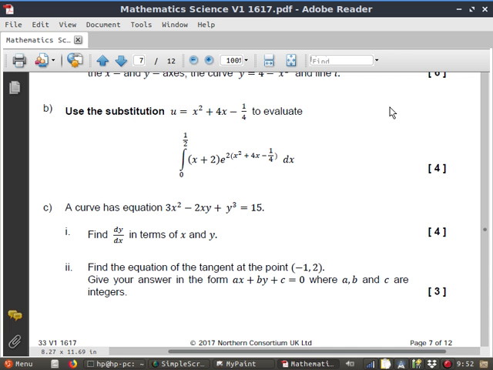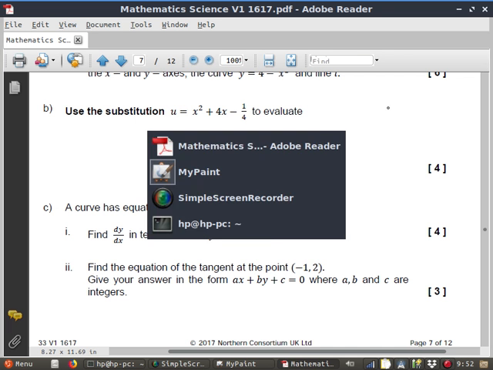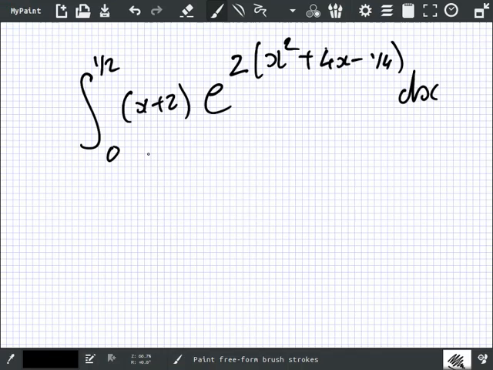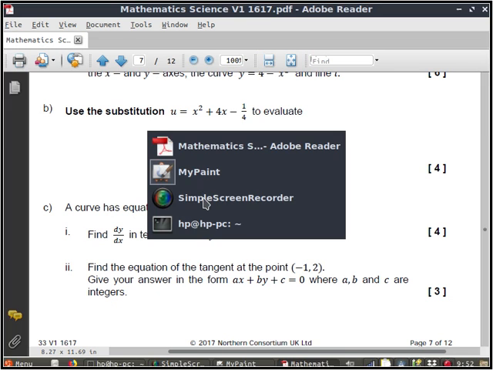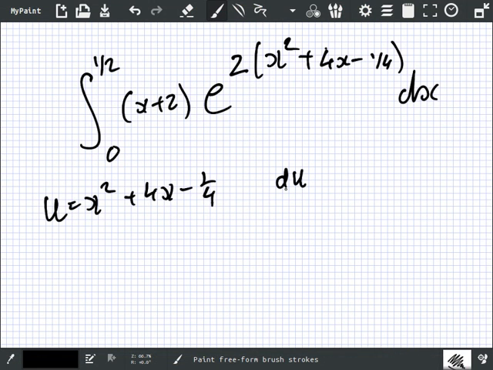And our substitution is u equals x squared plus 4x minus a quarter. Right? Yeah. So du dx equals 2x plus 4, which equals 2x plus 2.